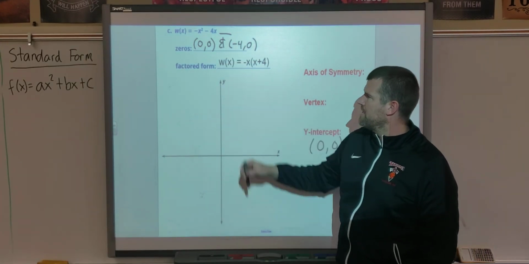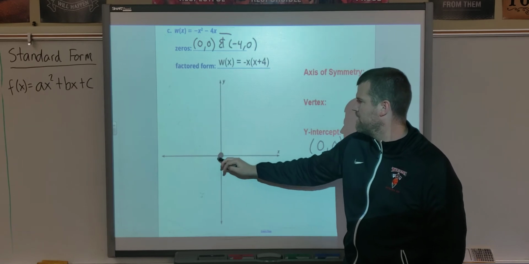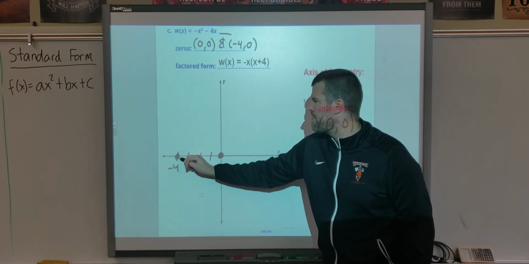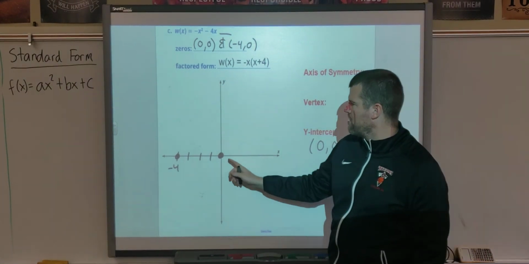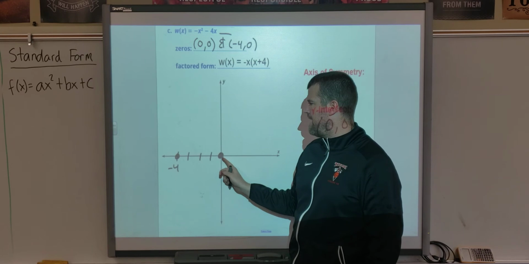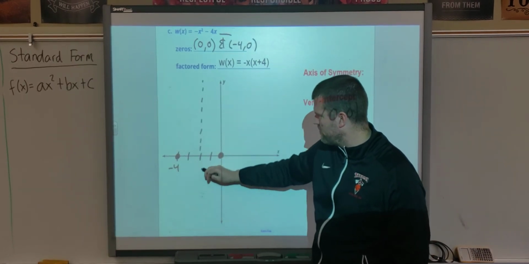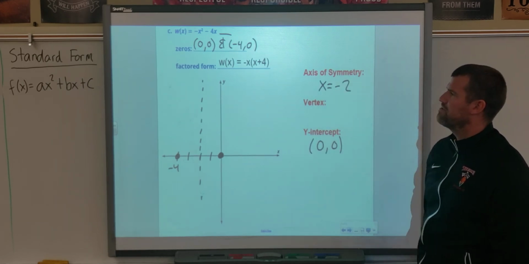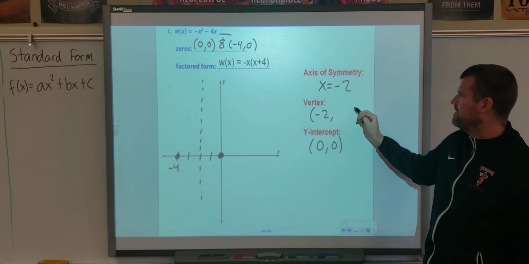But if I put my zeros on the graph, so 0 and -4, axis of symmetry, I can do -b/2a, or I can recognize pretty quickly that halfway between 0 and -4 is -2. So my axis of symmetry is x equals -2, which means my vertex has an x of -2.